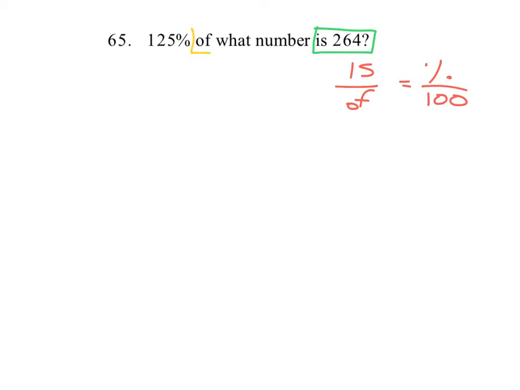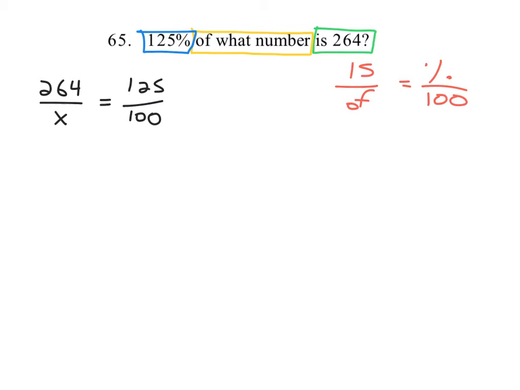Of what? So that's what we're looking for. And what is the percentage? 125%. So we say is 264, of what, equals percent 125 over 100. That's always the same. And now we're going to cross multiply to solve this.